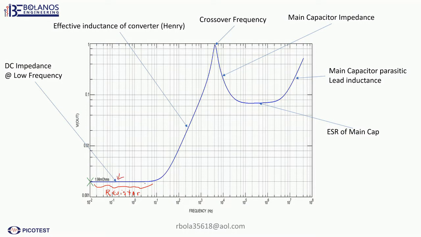So basically the converter looks like a 2 milliohm resistor at low frequency. Then at this section, anytime you have a rising impedance, that is typical of an inductor, L. So this represents the effective inductance of the converter. Basically, the power supply looks like an inductor.